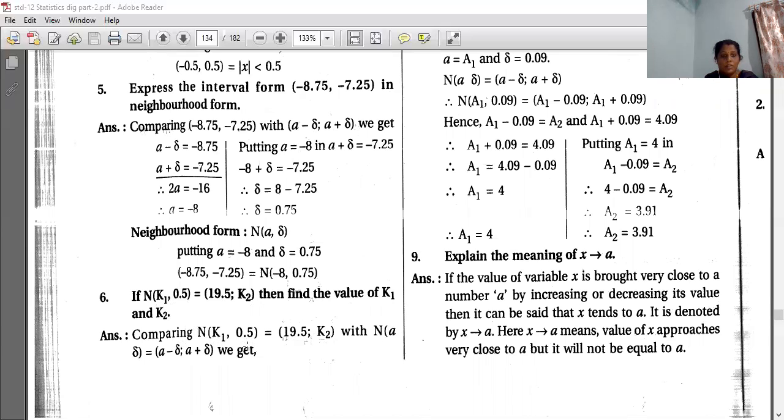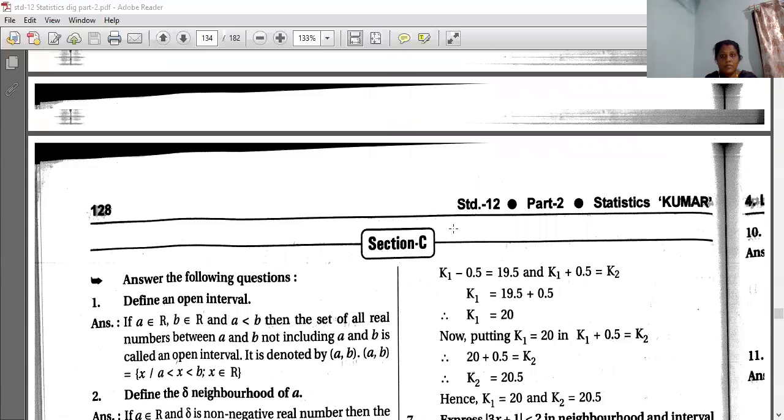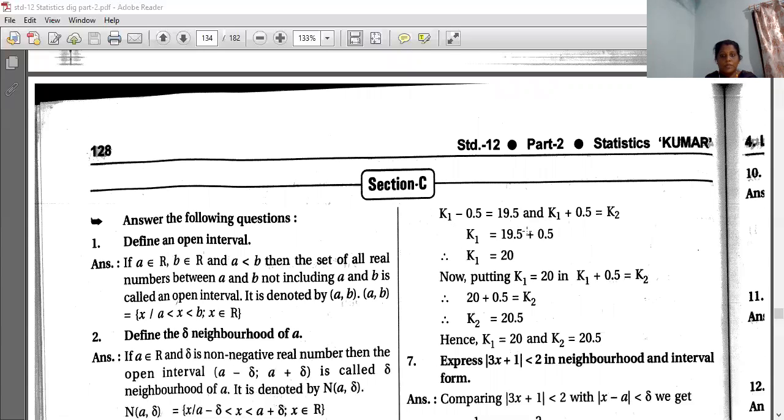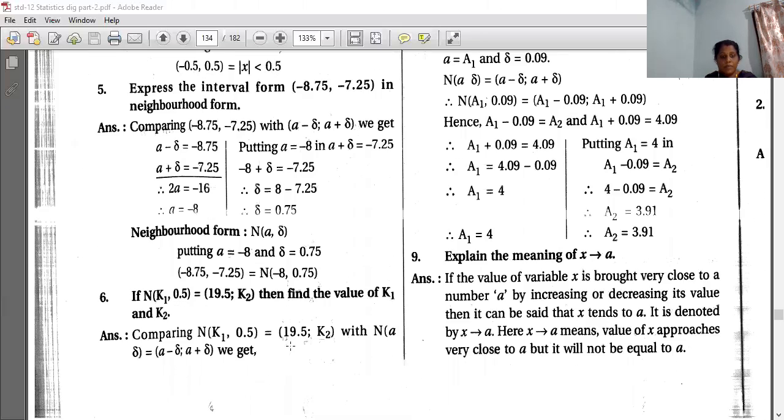Okay, so a minus delta is 19.5, right? See, like this equation you are fine. This I have explained in a much easier way.